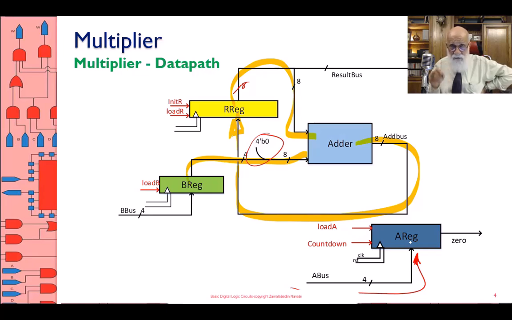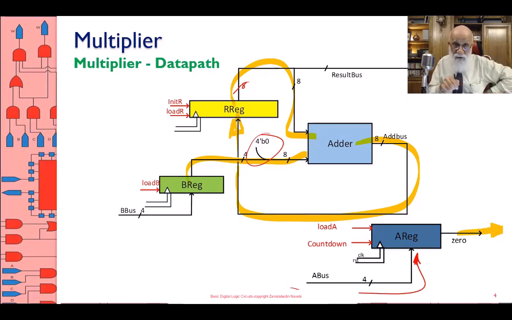And then decremented again until it says I have decremented to 0. It tells who? It tells the controller. At that time, the controller says, okay, we have done enough adding of B to P. Let's stop it. We have the correct result. It issues done. Okay? We get to the controller in a few minutes.